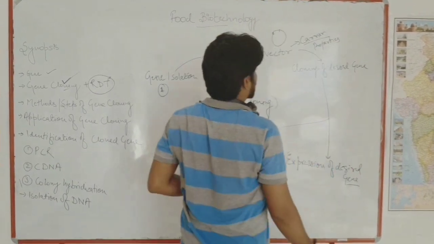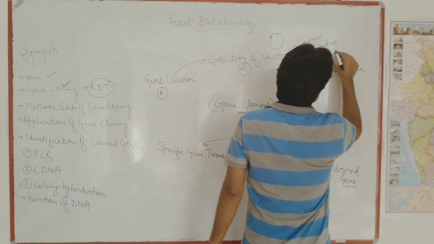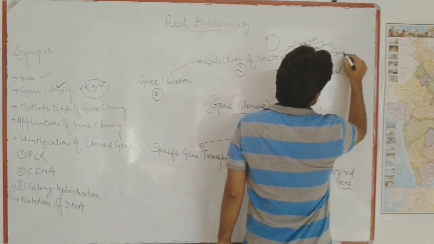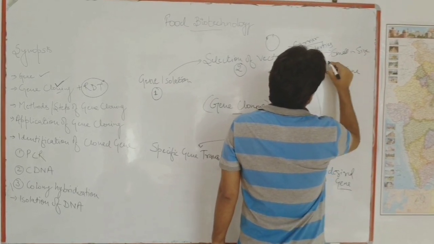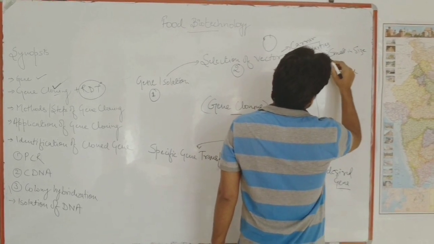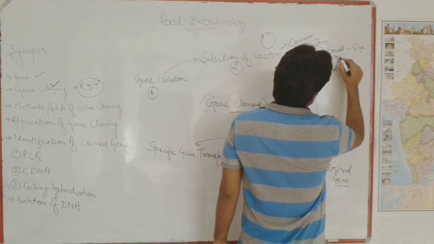What are those properties? The properties are that the vector should be small in size and should contain the origin of replication.